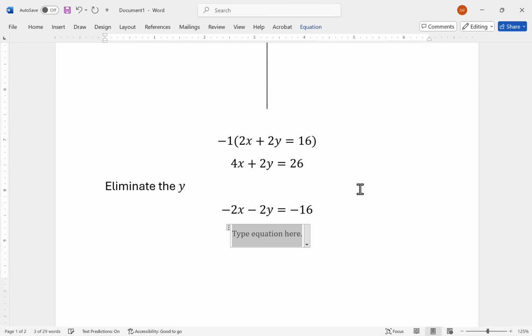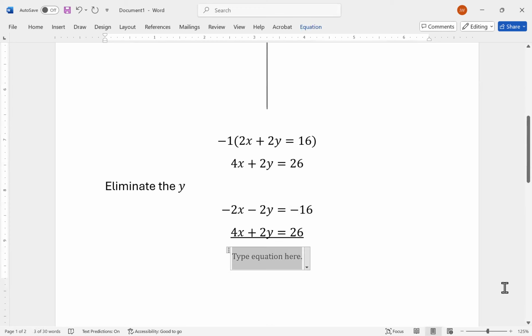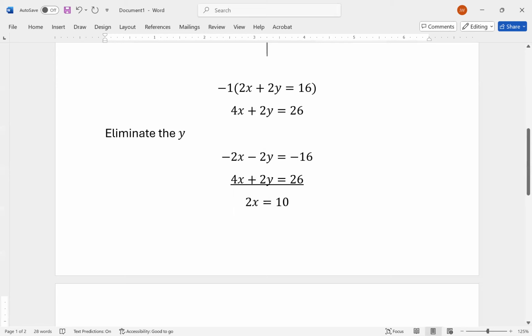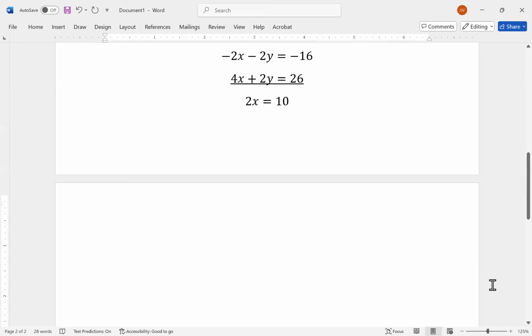And multiply by 1 on the bottom would give me 4x plus 2y is equal to 26. Add those two together, and we end up with 2x is equal to 10. Now we're all set. Now divide by 2, I get x equal to 5.